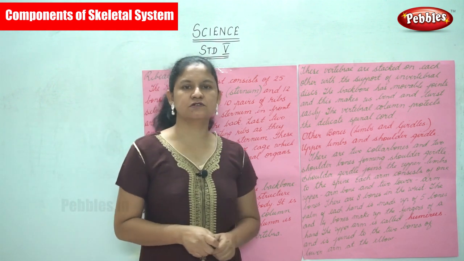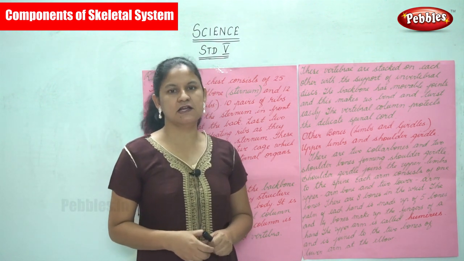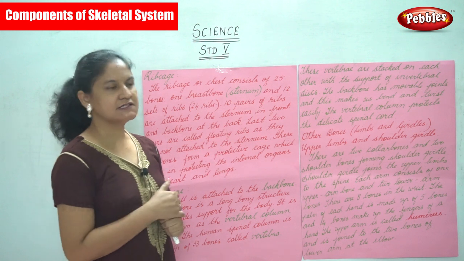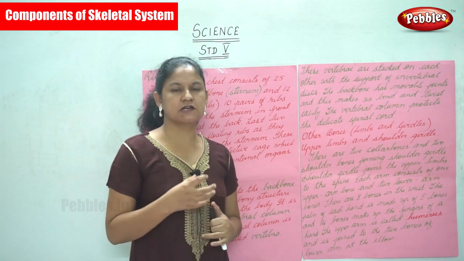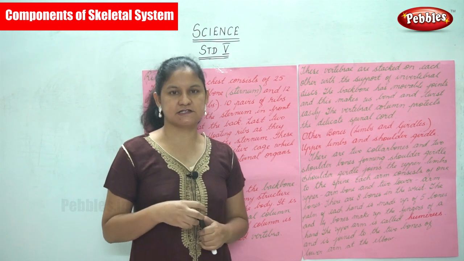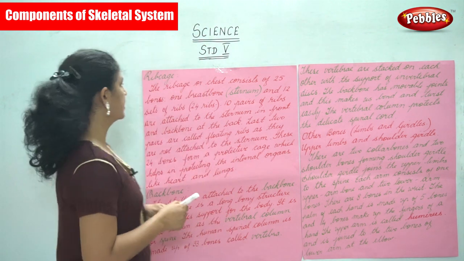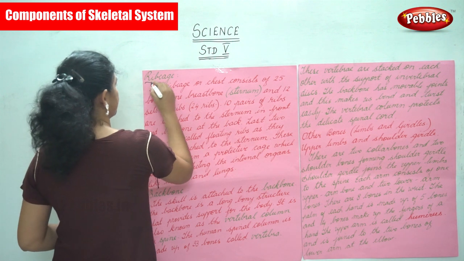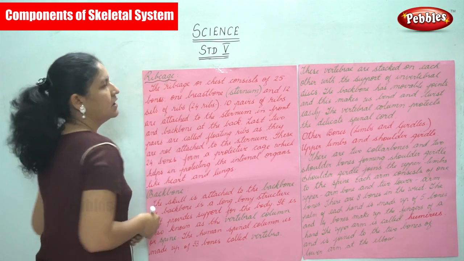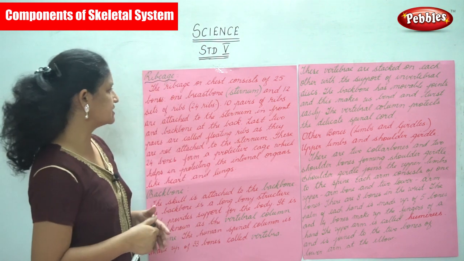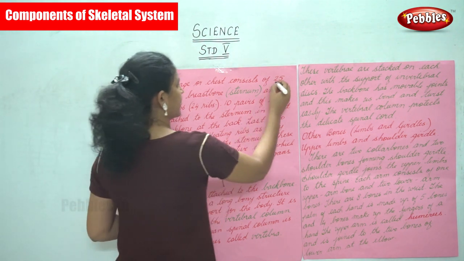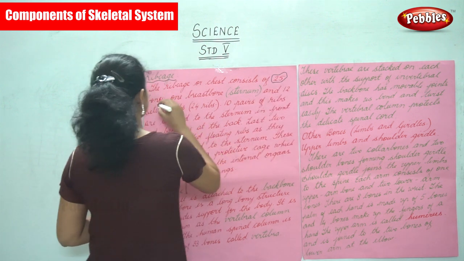So talking about the components of the skeletal system, that is the skull, the rib cage, the girdles, the limbs, etc. Now we are going to talk about the next component, that is your rib cage. The rib cage or the chest consists of 25 bones.